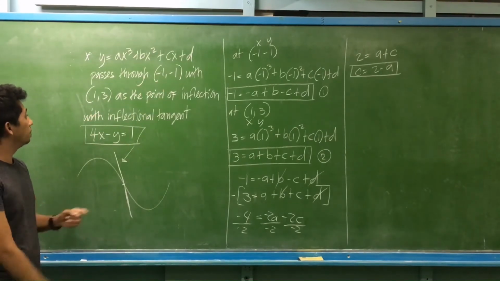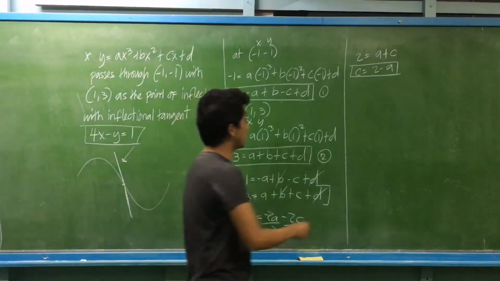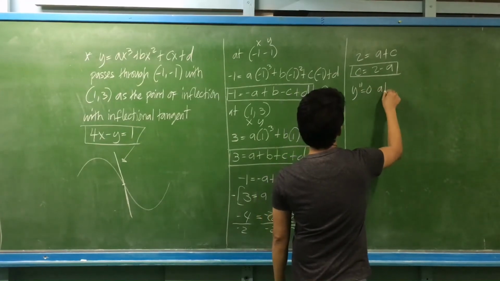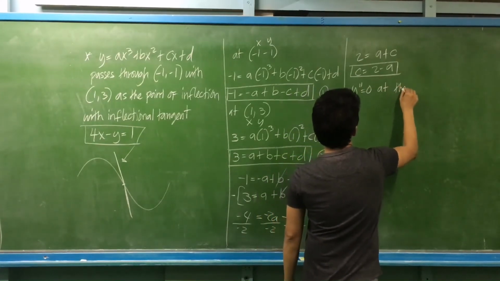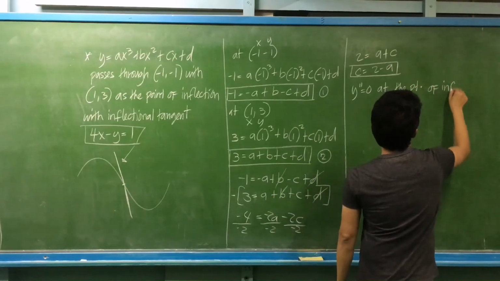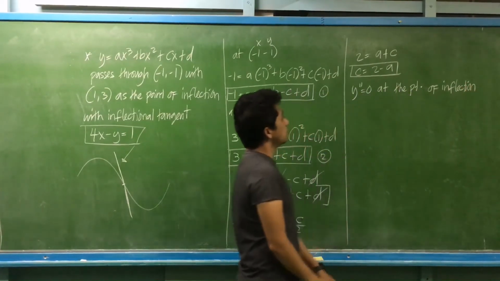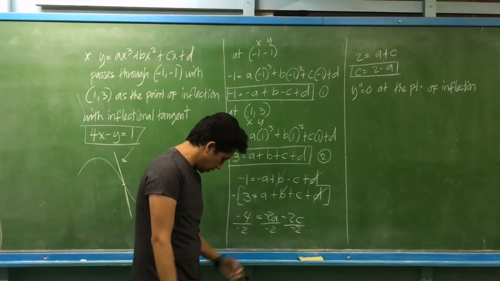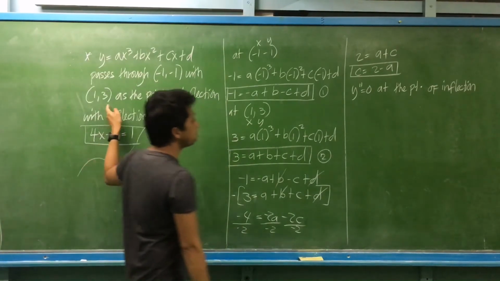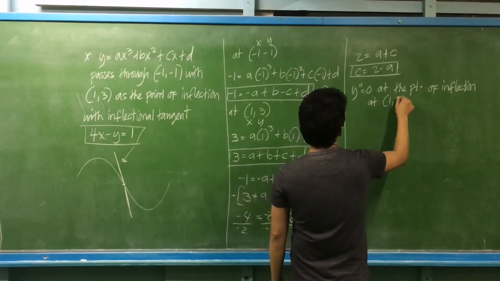Okay, so we have the inflection point. Sinabi natin last time, we have y double prime is equal to 0 at the point of inflection. So at the point of inflection, y double prime is equal to 0, and given yung point of inflection, that is at 1, 3.